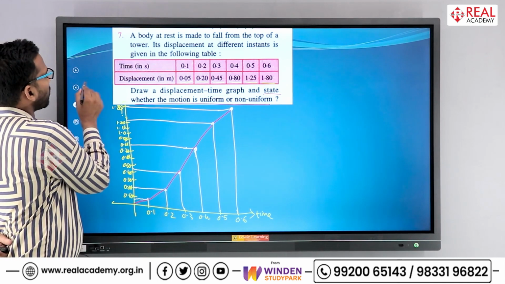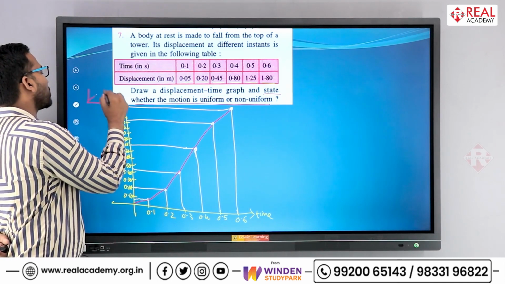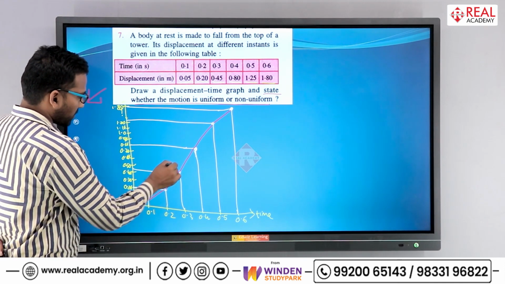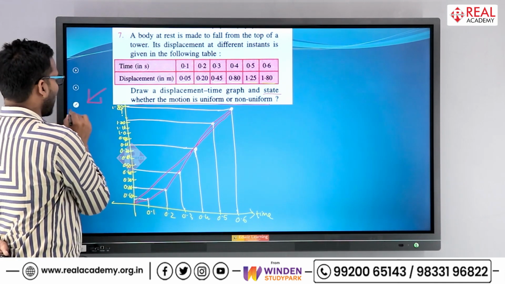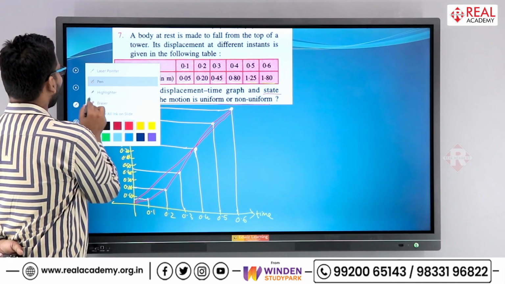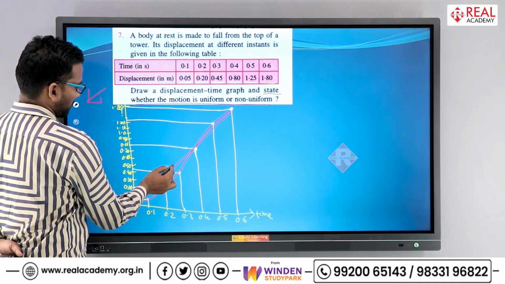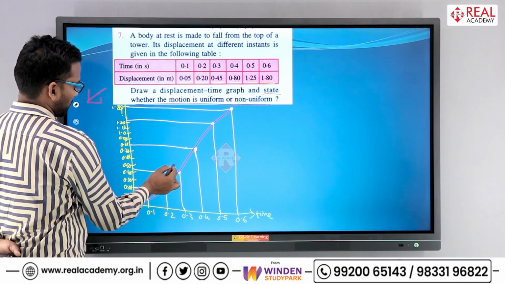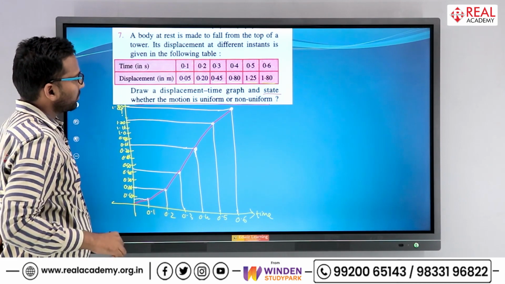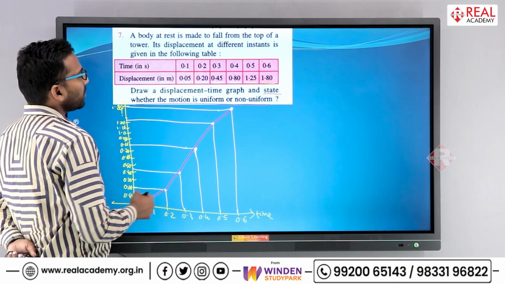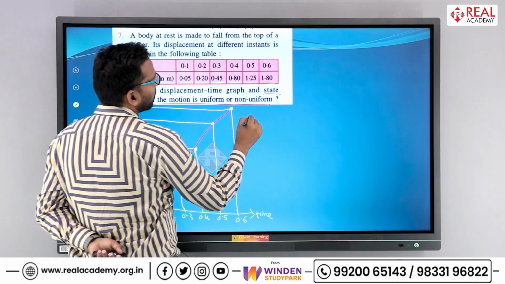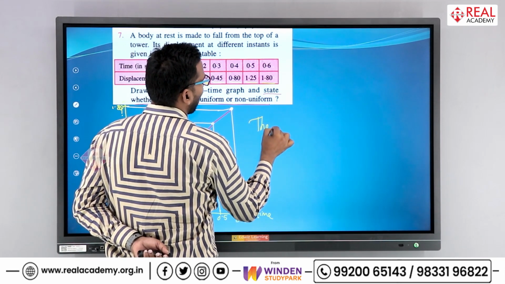No. For the motion to be uniform, the displacement time graph should be linear. It should be like this, right? But is it like this? No.